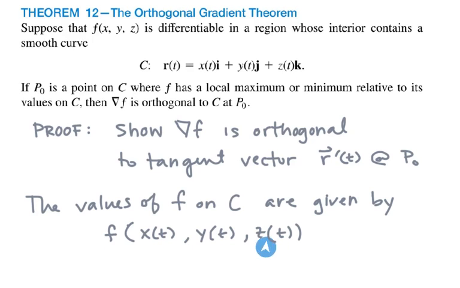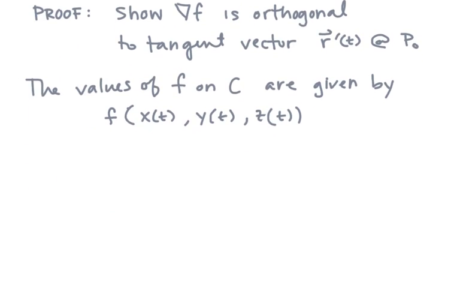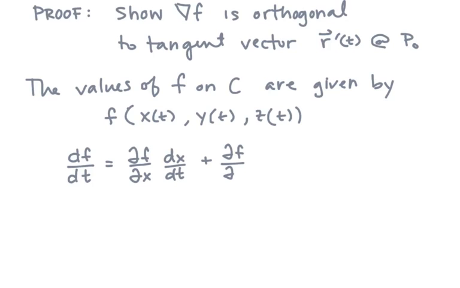If I take the derivative of this function, df, the derivative of f with respect to t, is the partial of f with respect to x times dx dt plus the partial of f with respect to y times dy dt plus the partial of f with respect to z times dz dt.